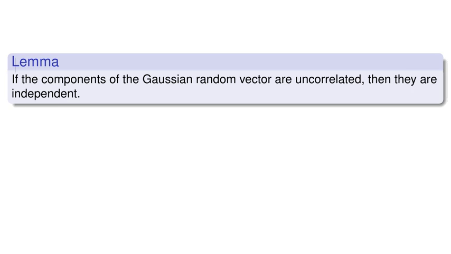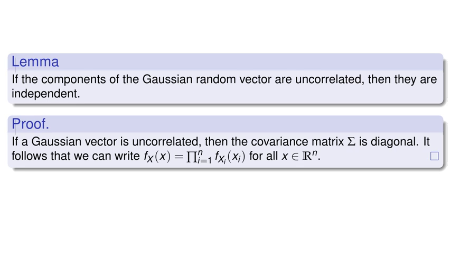An important consequence arises for Gaussian vectors. If the components are uncorrelated, they are also independent. The proof is straightforward. If the components of a Gaussian vector x are uncorrelated, its covariance matrix sigma must be diagonal. Let sigma be the diagonal matrix with diagonal entries sigma 1 squared through sigma n squared.